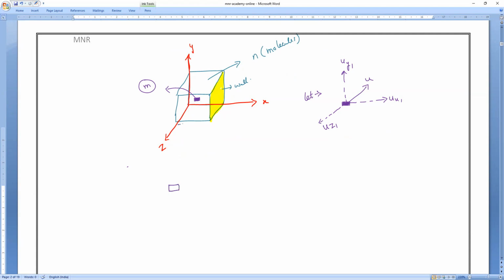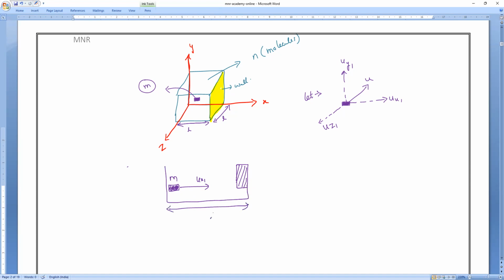We all know the container has length L. This particle has traveled a distance L. Its mass is m, it travels with velocity ux1, and finally it collides with the wall, which is present at a distance L. Clear? Please respond.